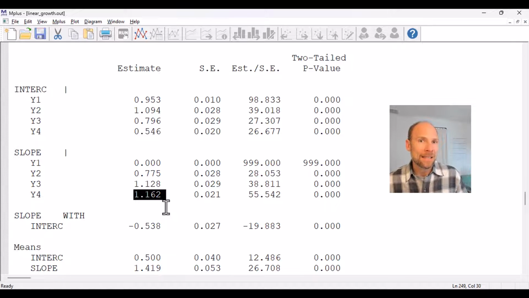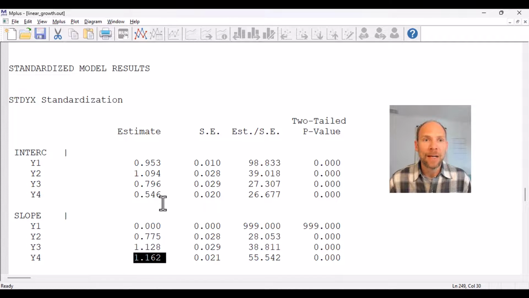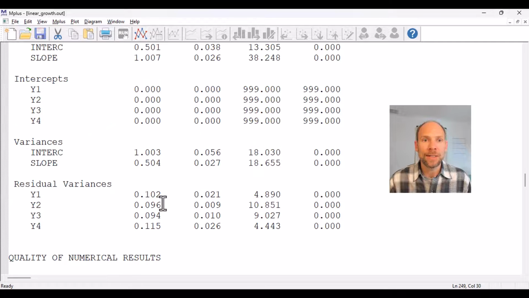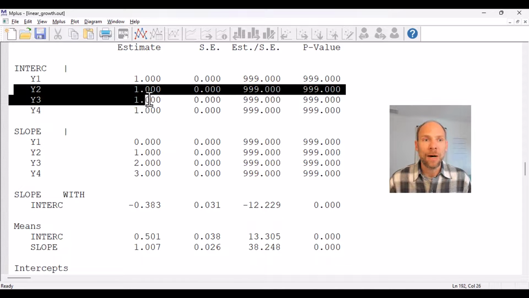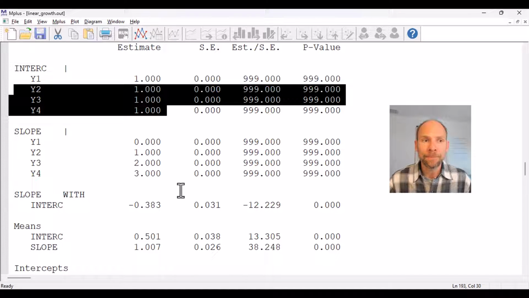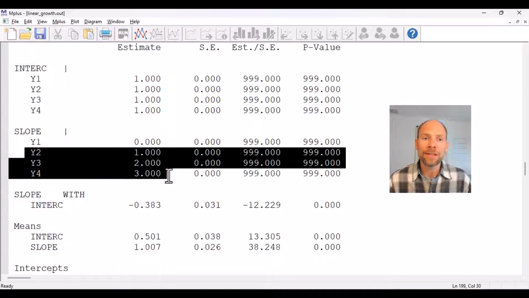Why is this? Now, notice that in this model, when we take a look again at the unstandardized model results for a second, notice again that variables here have double loadings. So y2, y3 and y4 load on the intercept factor with an unstandardized fixed loading of 1.0, and they load on a slope factor with fixed loadings of 1, 2 and 3.